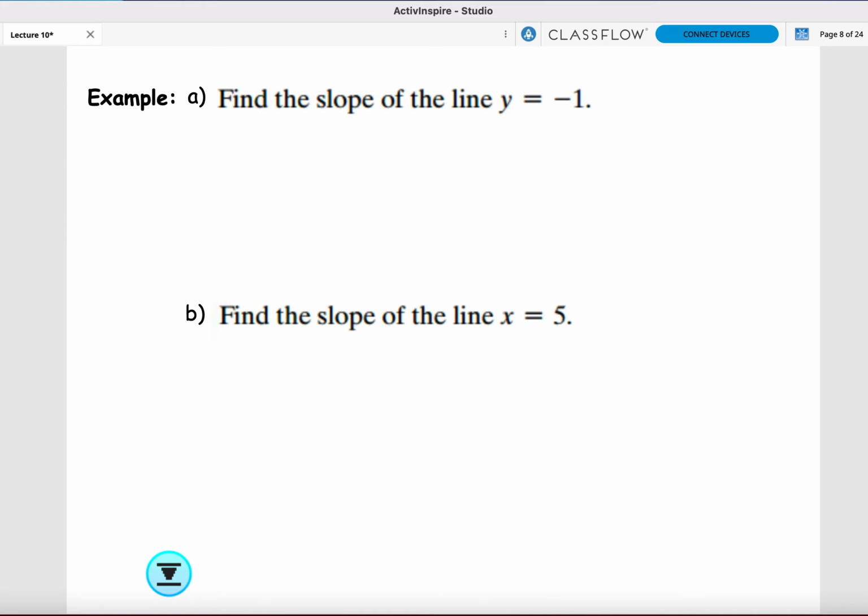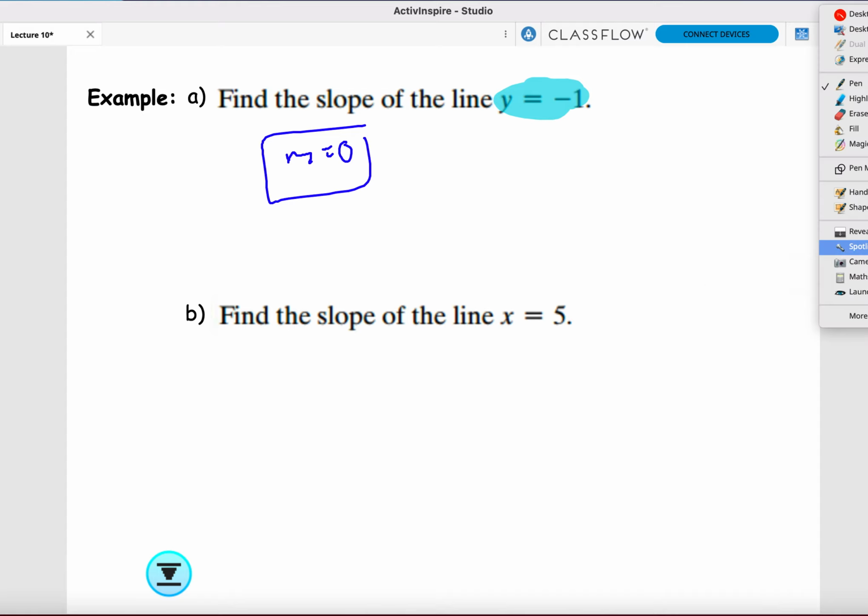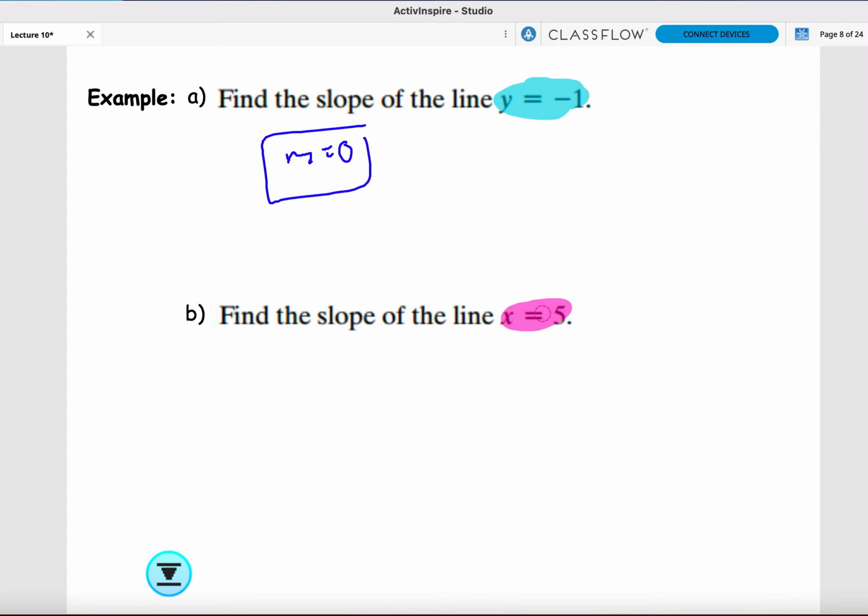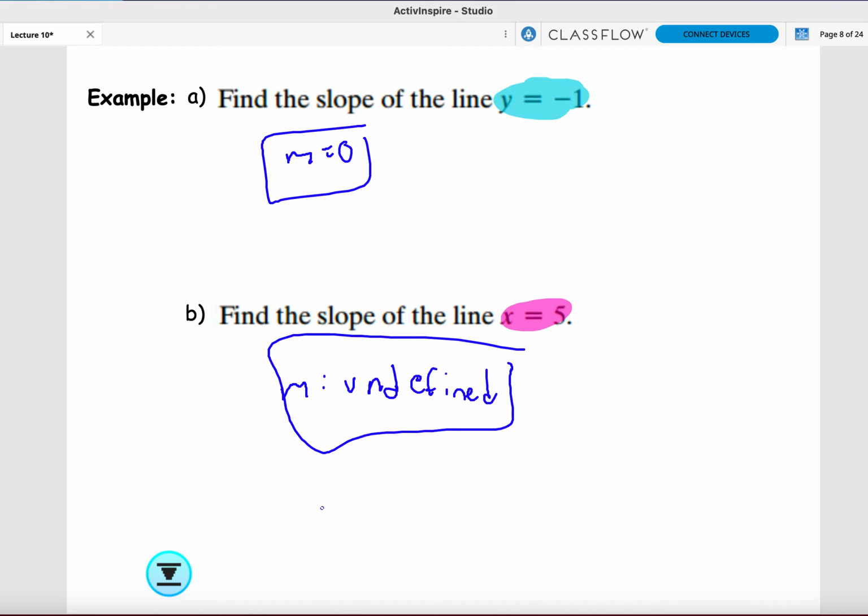Find the slope of the line y equals negative 1. Since we know it's y equals, there's no x value here. We know this is a horizontal line, and horizontal lines have m equals 0. If you look here with this problem, b, find the slope of x equals 5. That's an x equals line. It's a vertical line, which unfortunately is undefined. We have an undefined slope. So when it's a vertical line, it's undefined.